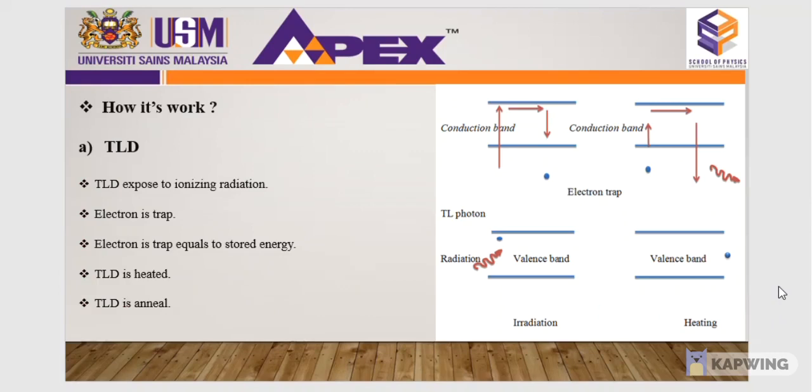In this figure, we explain the interaction between ionizing radiation and the electron band gap after the TLD is exposed to ionizing radiation as a dose. The electron gains energy from the ionizing radiation, enough to excite the electron and eject it from the valence band to the conducting band.